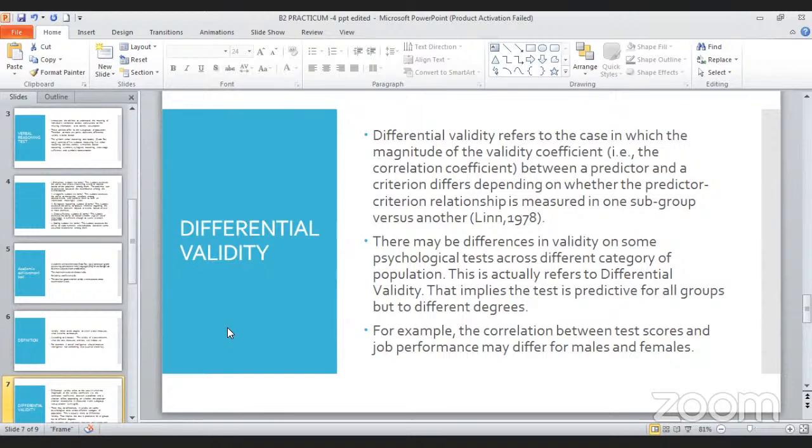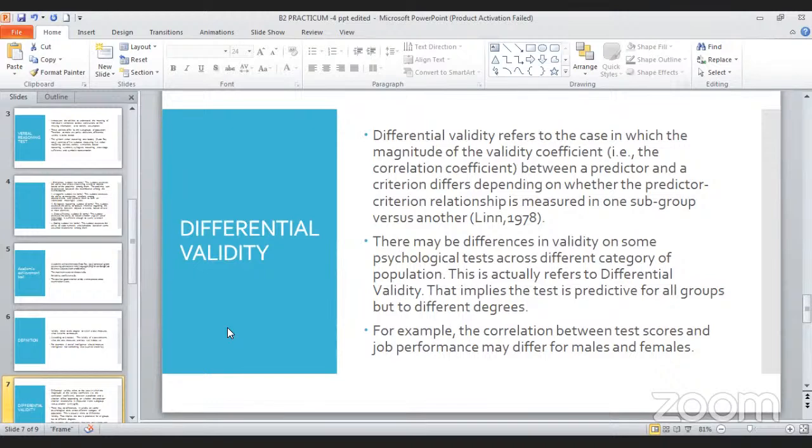Suppose we are measuring the relationship between exam anxiety and exam performance. If there is a relation between exam anxiety and exam performance, the correlation coefficient should be the same for the whole population.